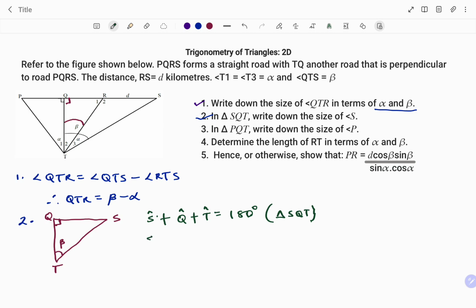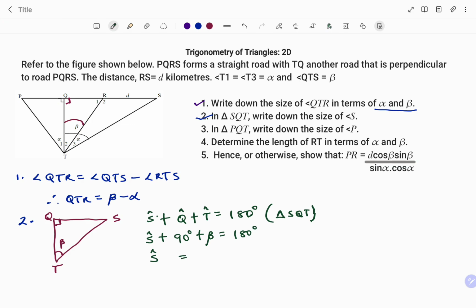Therefore, we have angle at S plus angle Q, that's 90 degrees, plus angle at T, that's beta, equals 180 degrees. Therefore, to find angle S, we're going to make S the subject of the formula.